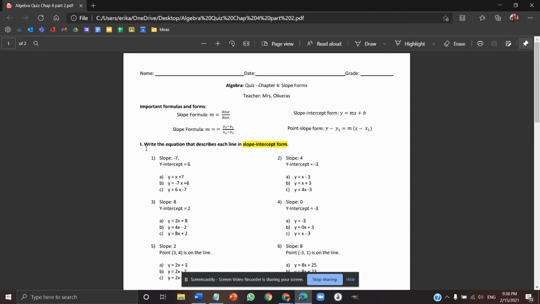The first part says write the equation that describe each line in slope-intercept form. That means I'm going to give you this information right there, and you're going to rewrite whatever you have there in the slope-intercept form. What do you need to make the slope-intercept form? Well, you need a slope and you need an intercept.